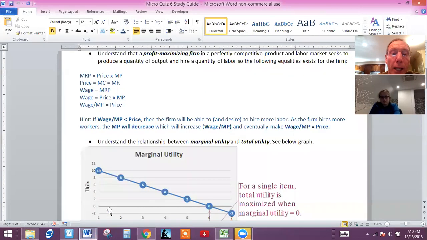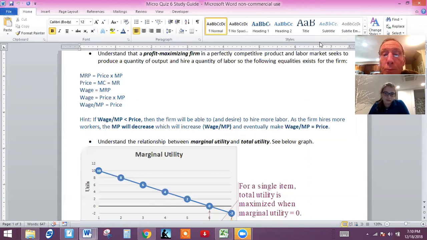So we're going to assume it's going down, okay? So that would mean that in order for the ratio wage over marginal product to go up, to actually become equal to the price, you want to hire more workers, which would make the denominator in this ratio, the marginal product, drop. And if the denominator decreases in a fraction or a ratio, the total expression is going to go up.